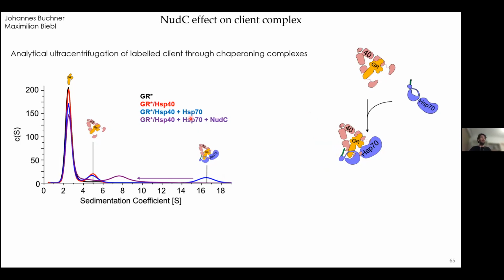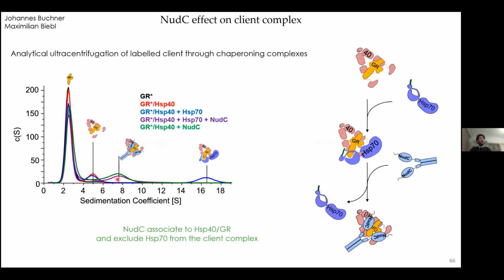But if we add Nazi to this mixture, what we observe is a decrease in size. So it tells us that the client GR is bound to a complex that is smaller than the one observed with HSP70. And if we investigate what this complex is, it fits perfectly with a complex that only includes HSP40, Nazi, and the client.